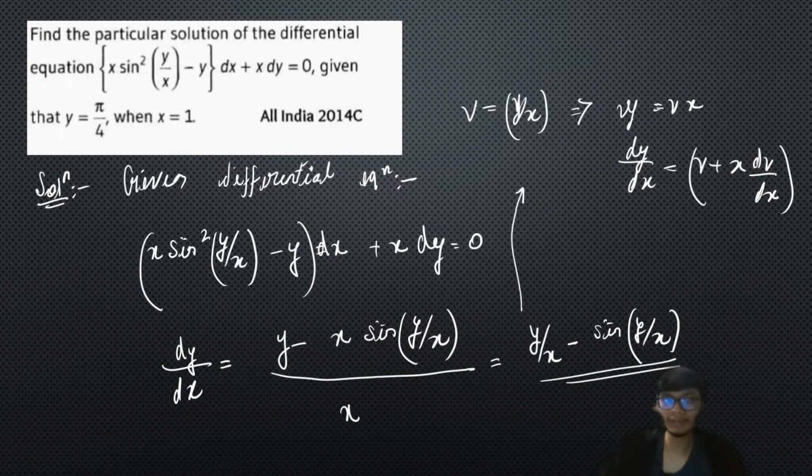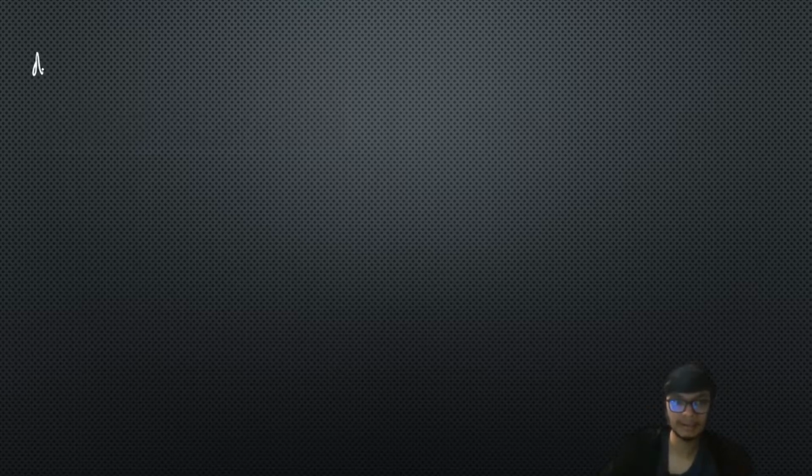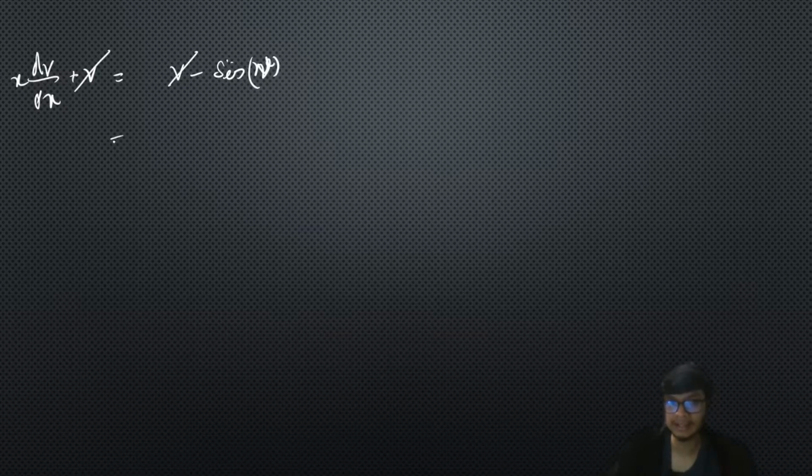So if I replace dy by dx with this, I get x times dv upon dx plus v is equal to v minus sine v, right? Now it is very simple. v and v cancel on both sides, and it is of the variable separable type, right? So you can take dv upon minus sine v is equal to dx upon x.